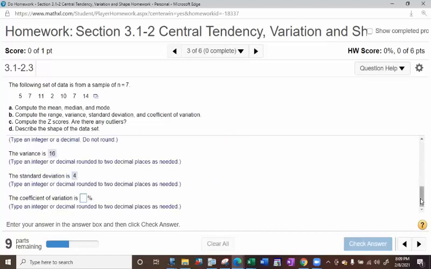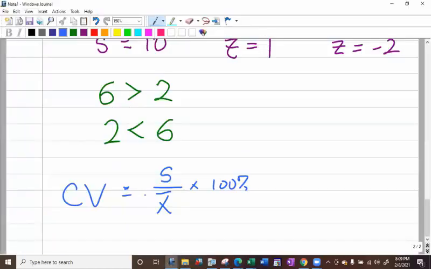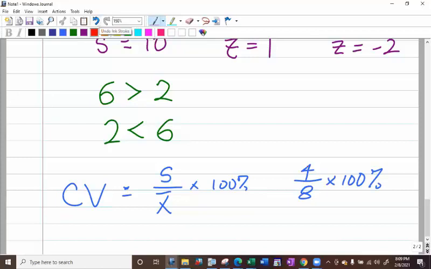Yeah, the numbers are kind of super easy to work with on this one, so kind of wish they weren't, just so we'd have to actually. So it's 4 divided by 8. Okay, once again, don't have to do this in your head, but that's just 1/2, so it ends up being 50%.